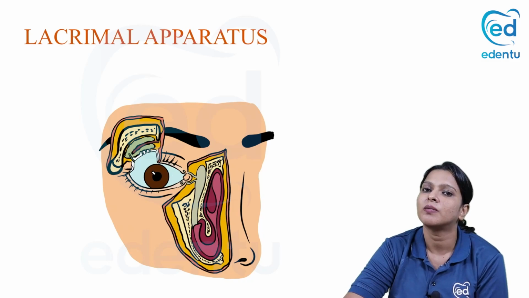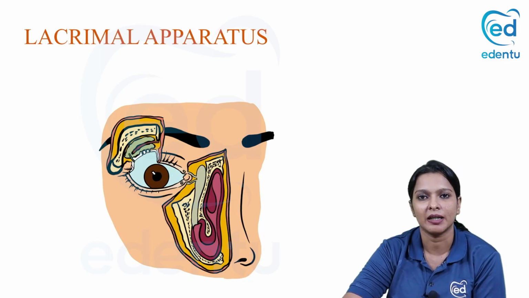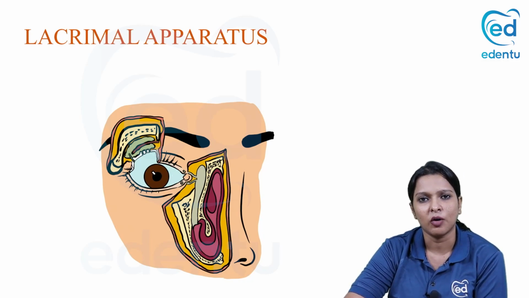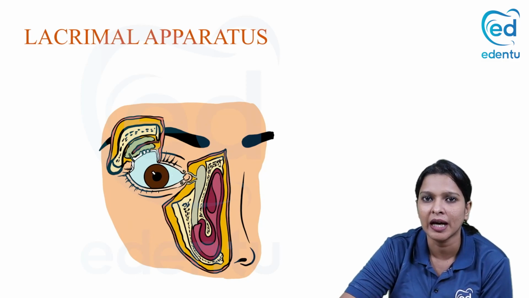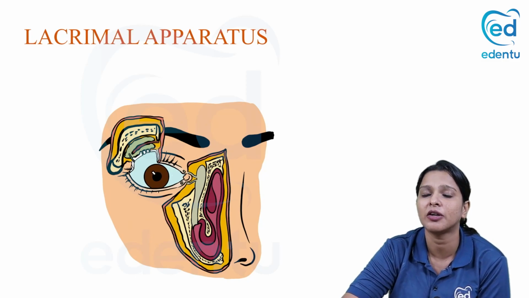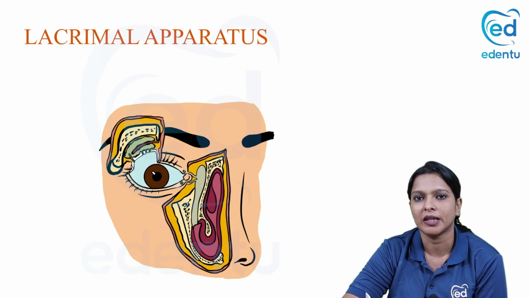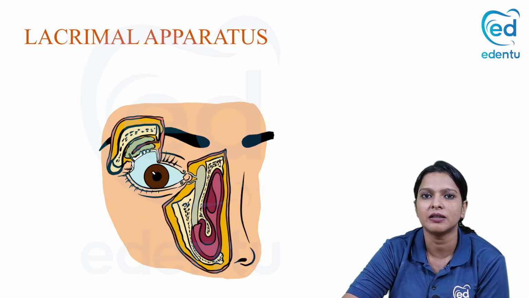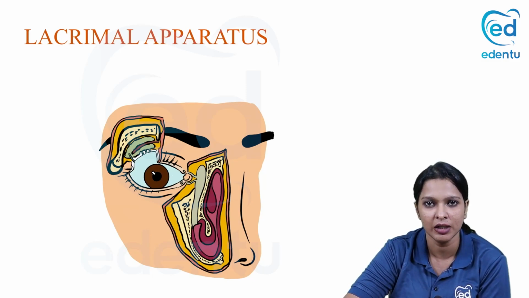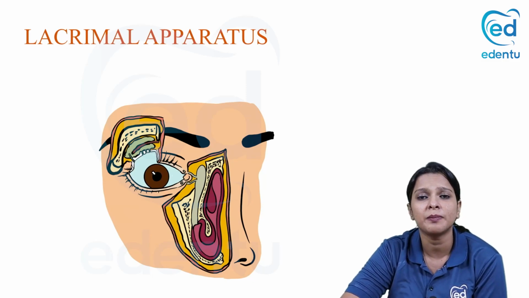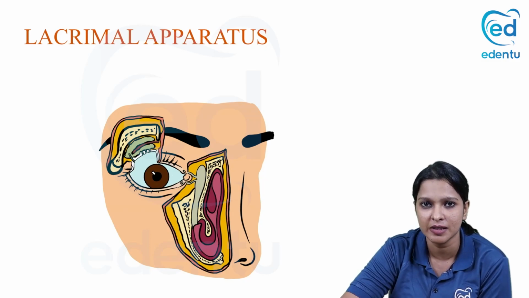Okay, so tear is produced by the lacrimal gland. From there, what happens? Any gland, if it is called an exocrine gland, it should have ducts. Since this is also an exocrine gland, there are ducts, lacrimal ducts, leading to the next part. The next part is called the conjunctival sac.